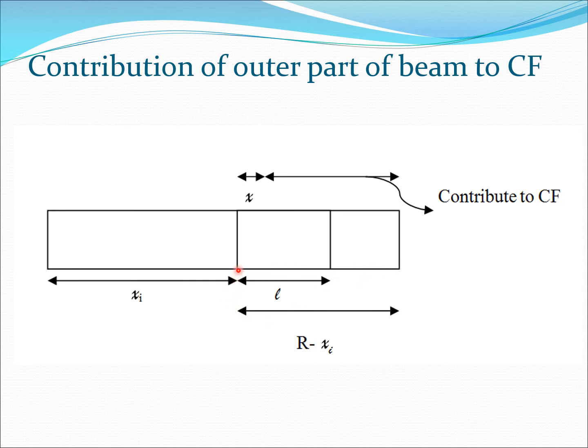So what we do, we consider from this to this point and then we subtract from this point to x here. That's the math we are doing in the previous slide, and the reason for that is only this much mass contributes to the CF, the mass from point x to the tip of the beam or blade.